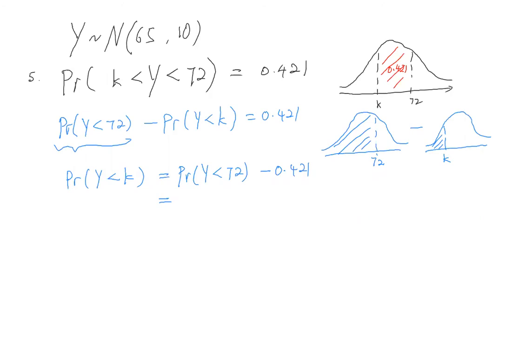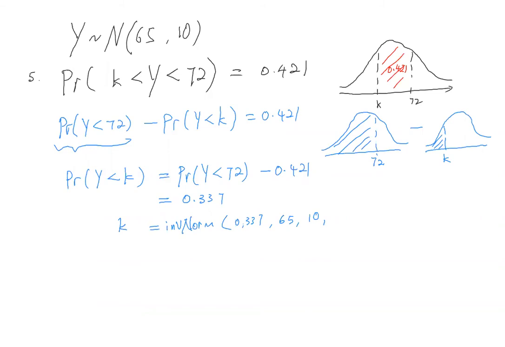0.421. So do you get this? 0.337. Yes, Miss. So your K will be inverse norm. Whatever you write down: 0.337, comma 65, comma 10.